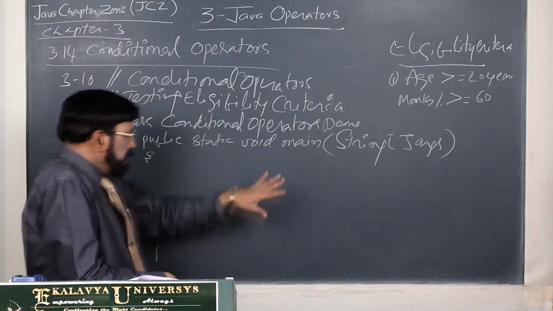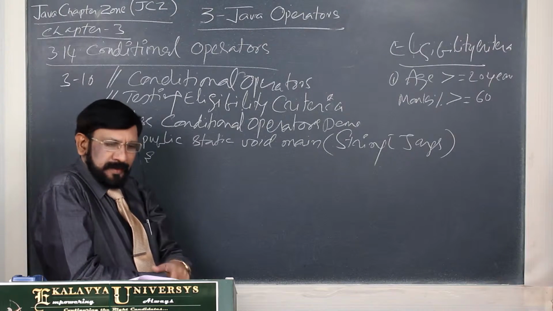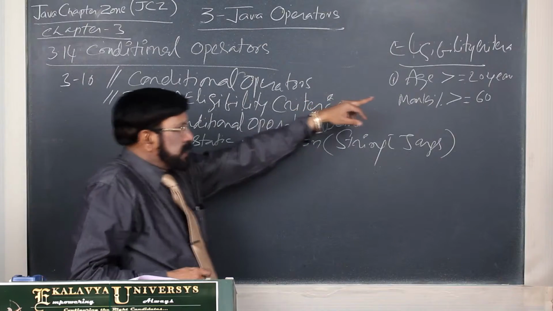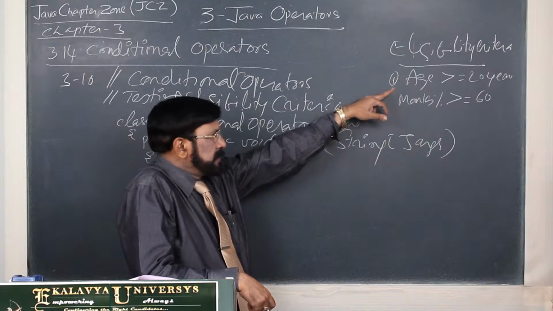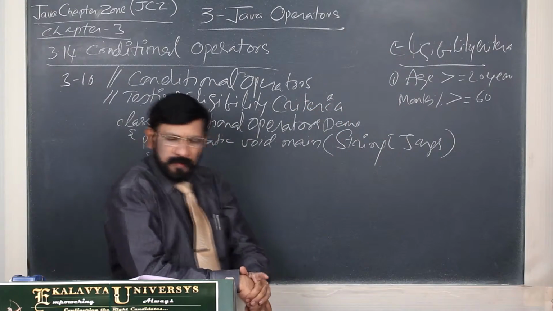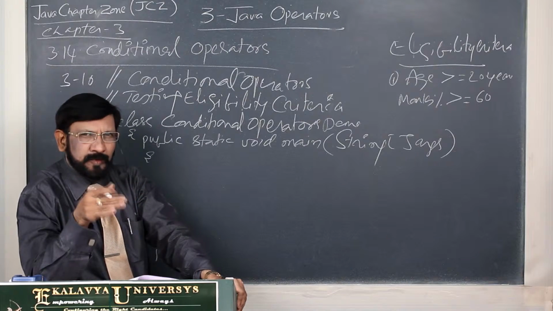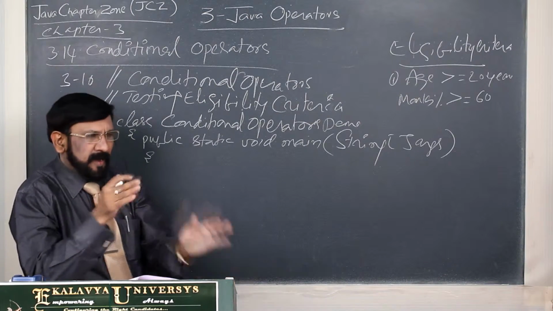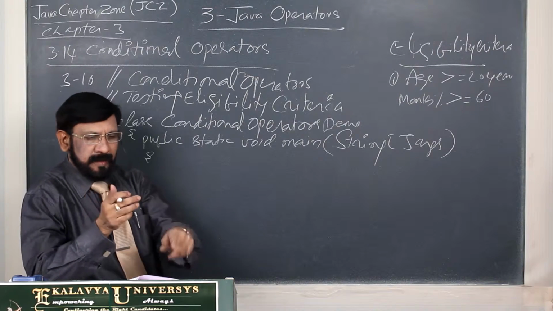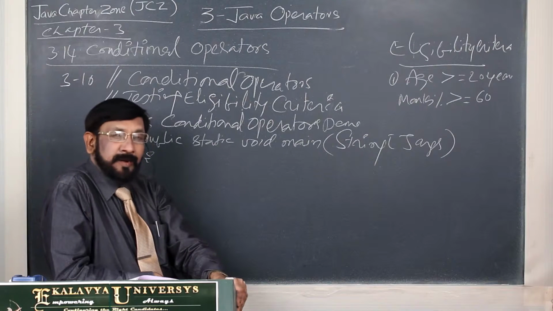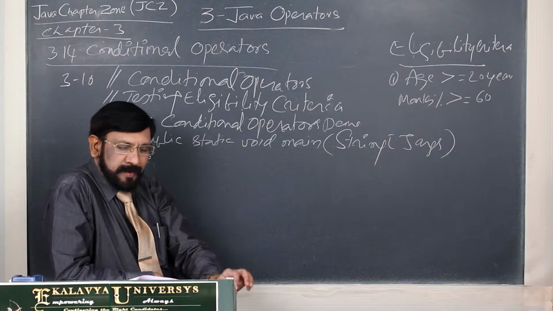I am not writing the routine statements here in this program. Using command line arguments, we are inputting age and marks. In the first chapter I elaborately explained about command line arguments, their modus operandi and all that.